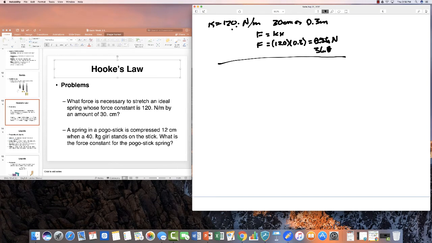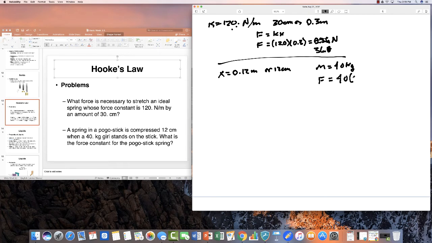Now the second problem here is the spring is compressed 12 centimeters, so x here is going to be 0.12 meters, or 12 centimeters. And it's a 40 kilogram girl. So m, her mass, is equal to 40 kilograms. Now I'm just going to have to tell you that to convert her mass to a force, you have to multiply by gravity.